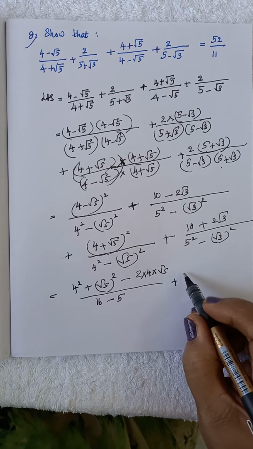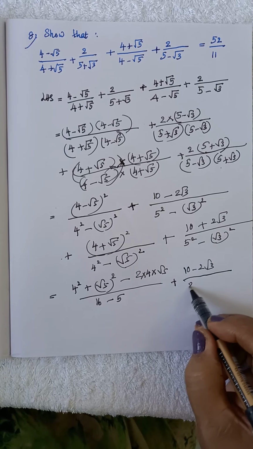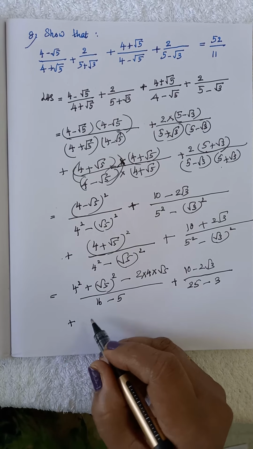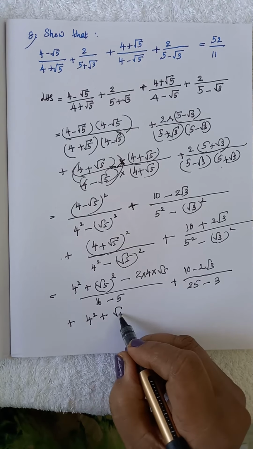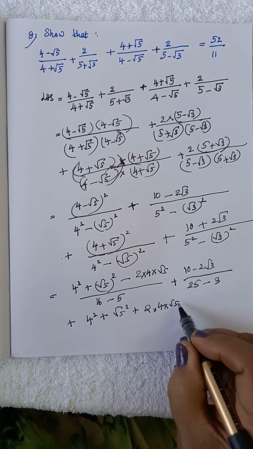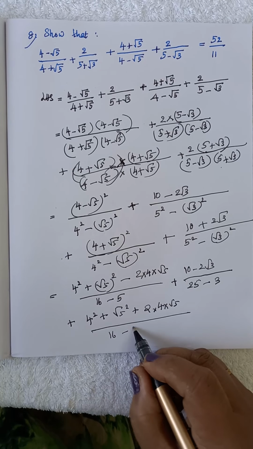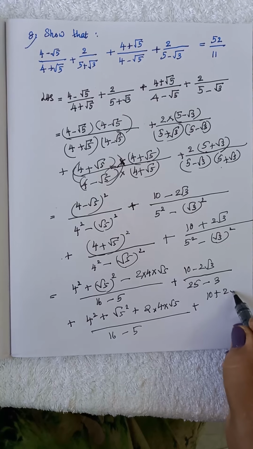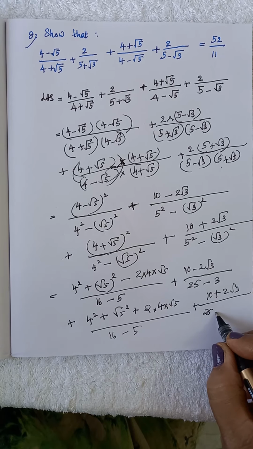That plus 10 minus 2 root 3 divided by 5 square is 25 minus root 3 square is 3, plus (4 plus root 5) square, that is 4 square plus root 5 square plus 2 into root 5 divided by 4 square, that is 16 minus root 5 square is 5, plus the last term is 10 plus 2 root 3 divided by 5 square 25 minus root 3 square is 3.